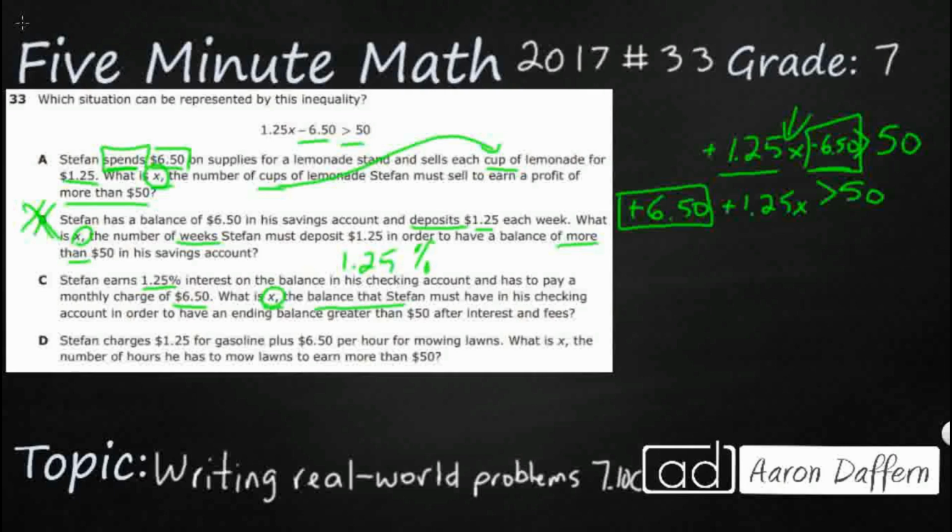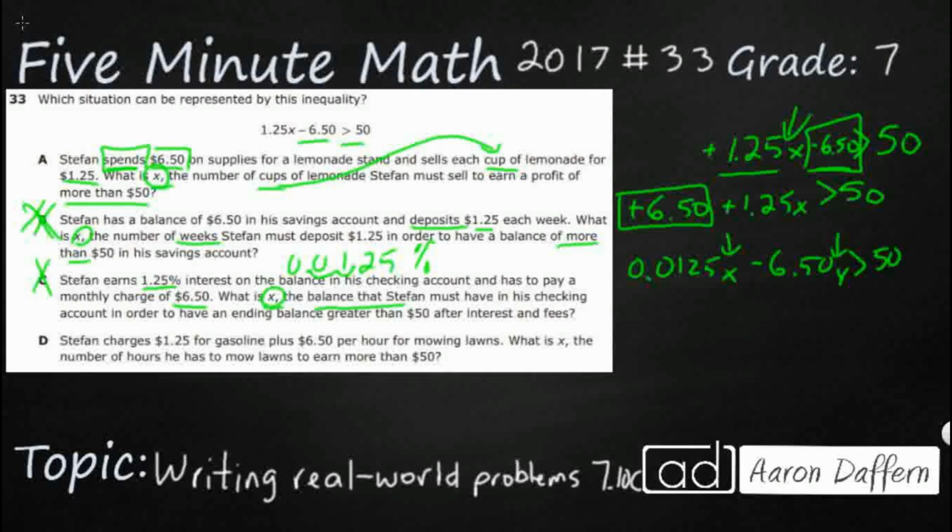Right, to make that a decimal, you've got to move the decimal over once, twice. 1.25% is really 0.0125. That's what that is as a decimal. And we want to multiply that by x, and then it has to pay a monthly charge, but we don't know how many months there are. There's a missing variable. And then we want to get greater than 50, but we also don't know how many months there are, so that doesn't make any sense.